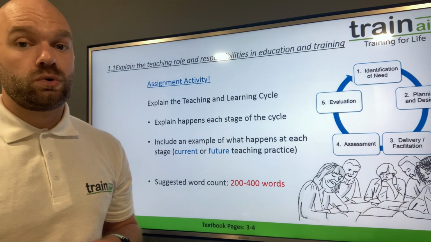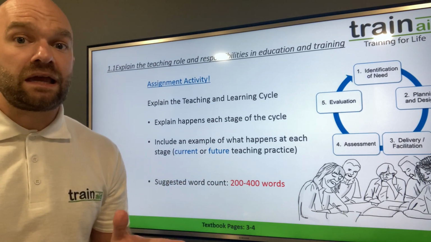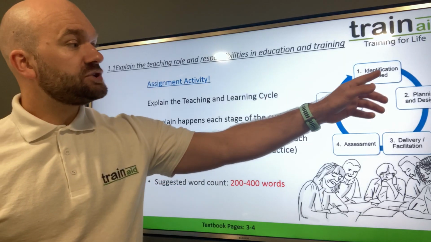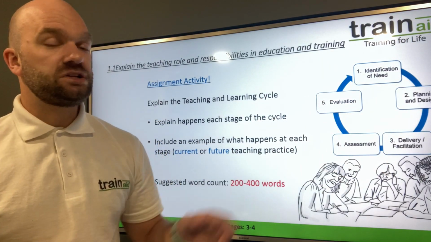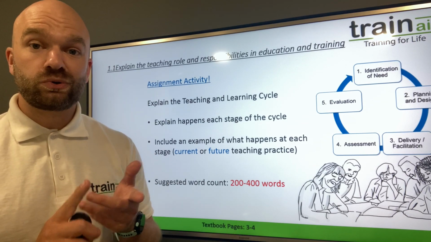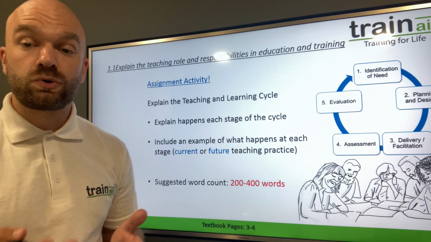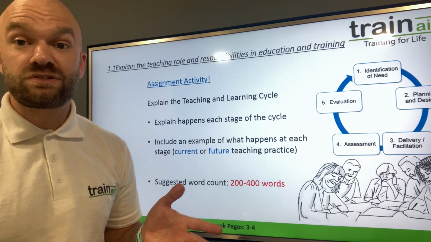develop their own courses. What I would recommend as a starting point for Unit A is to define each of the different stages. So identification of needs, planning and designing your course, delivery and facilitation, so how your course is going to be delivered.